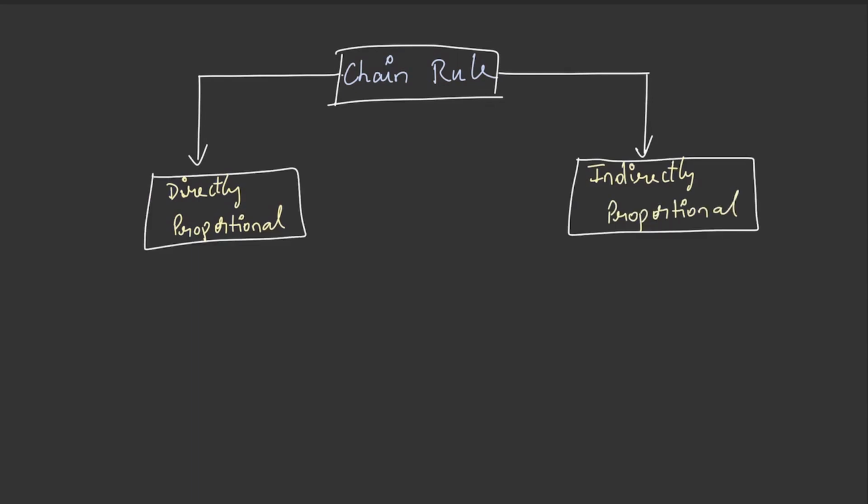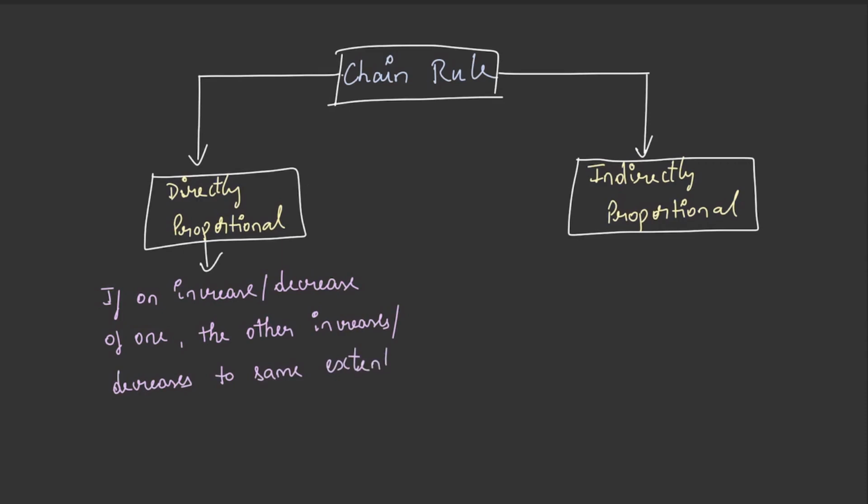What does directly proportional mean? If on increase or decrease of one quantity, the other also increases or decreases to the same extent, this is known as directly proportional. And indirectly proportional is opposite to directly proportional.